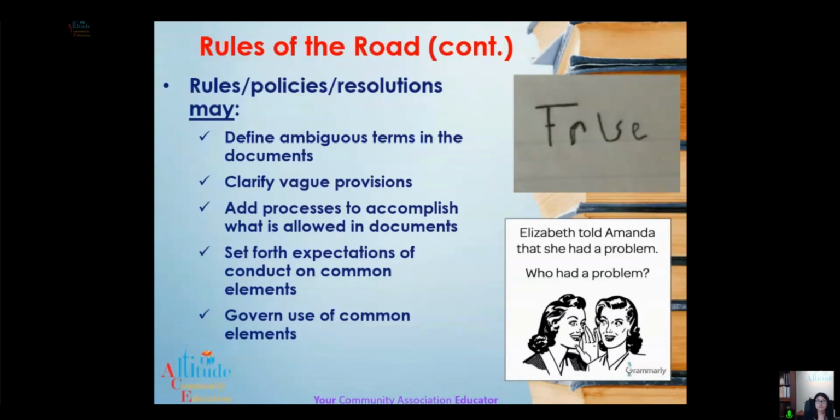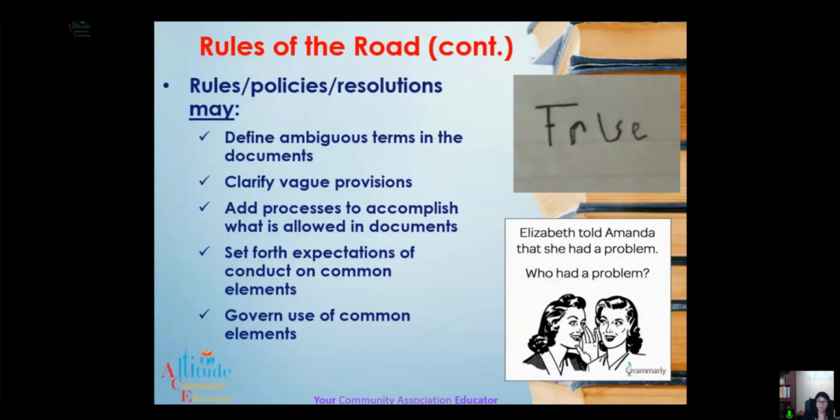You can set expectations of conduct on common elements. So unless, and this is unless, your declaration specifically prohibits you from doing that, which I have never seen. Colorado law specifically says the board does get to adopt rules of conduct or rules in general. And the board and the association controls the common elements and what happens on the common elements.